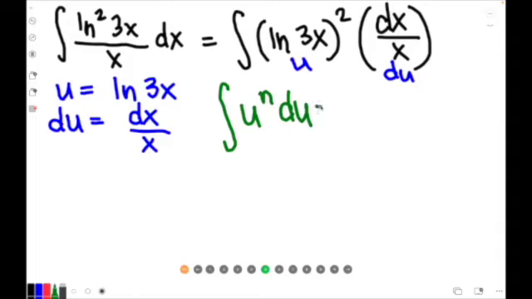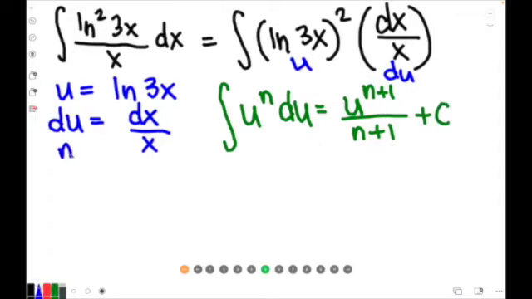So we learned from our previous meeting that this is the simple power formula, so the answer is just u, the power increased by 1 divided by the same, plus constant of integration. So let me just write here that our n is equal to 2.